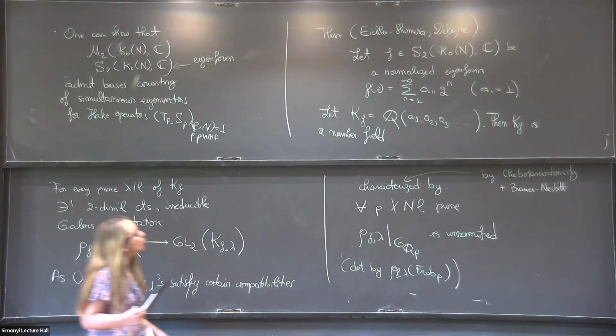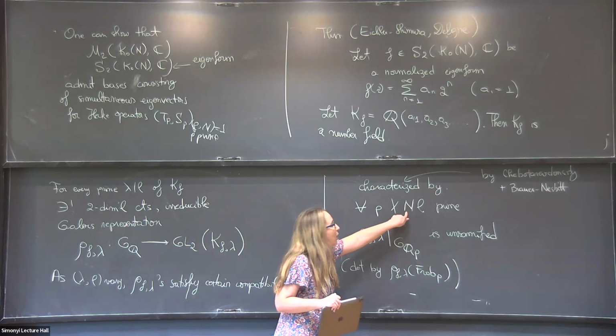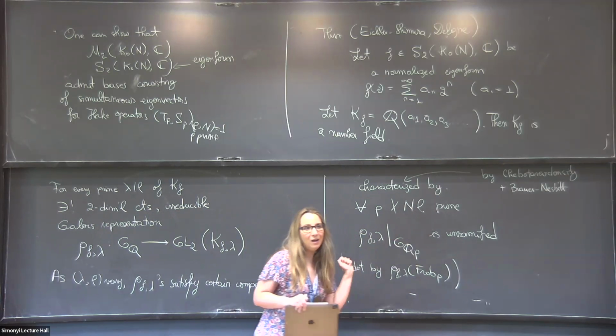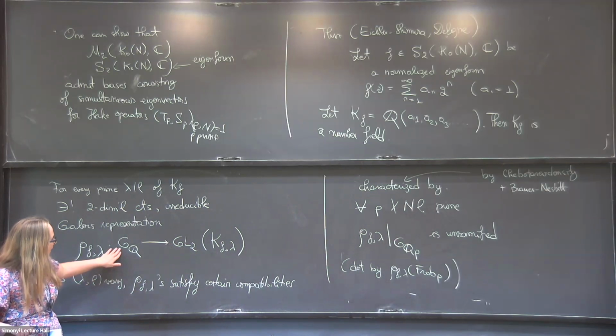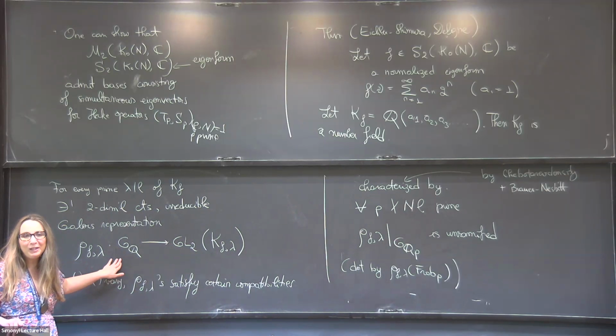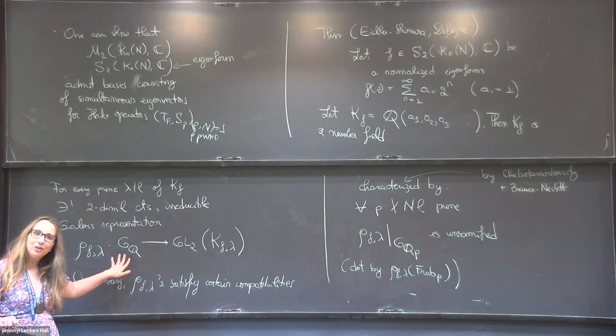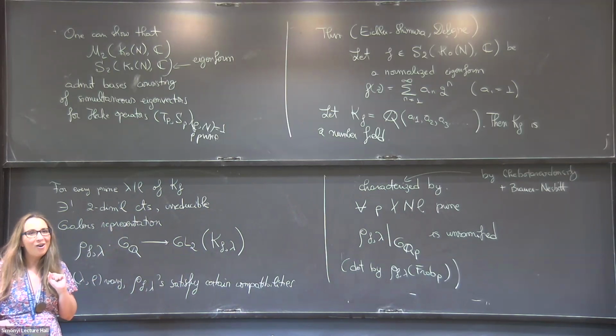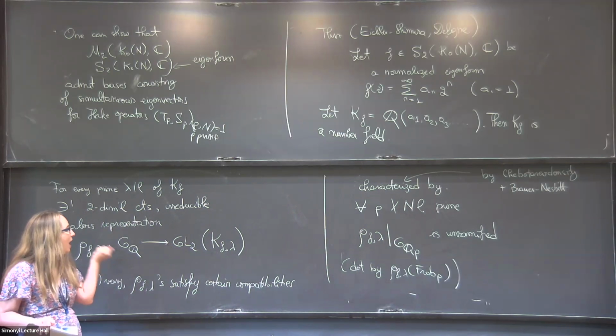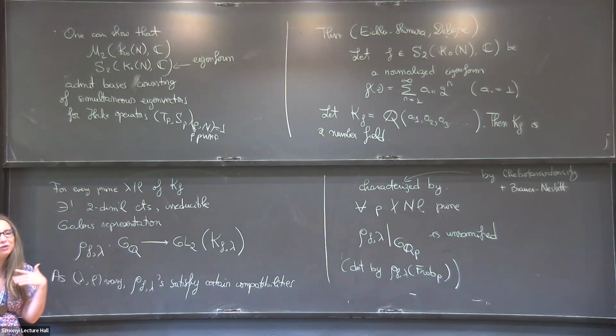For instance, you can describe what they look like at primes dividing n. You can also describe what they look like at l. You can also describe what they look like on complex conjugation, which is the only element of the absolute Galois group of Q that you can write down explicitly. We know that those are odd, so they have to essentially be conjugate to (1, 0; 0, -1).